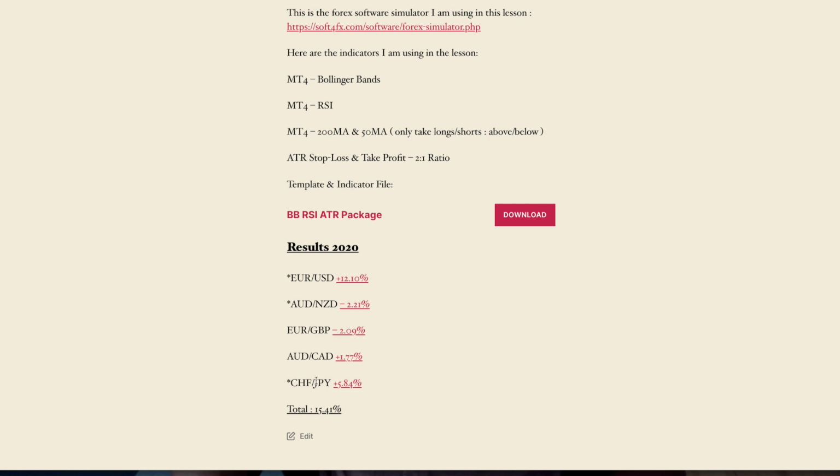But my favorite, which I recommend for you to use, are the euro US dollar, Australian New Zealand, and the Swiss Japanese yen. And you don't do these two ones. I don't think they're that good, even though they didn't really lose a lot, and this one didn't really win a lot.